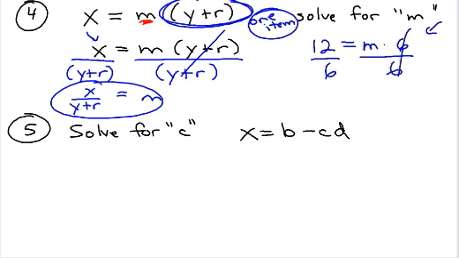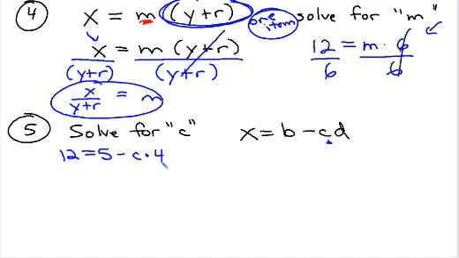I'm supposed to solve for C. So if you're ever not sure, go over to the side someplace and replace all the other letters with a number, like 12 equals 5 minus C times 4, something like that.